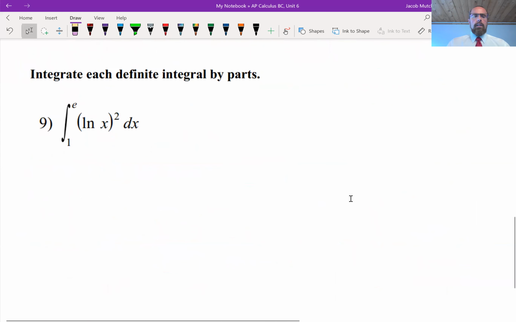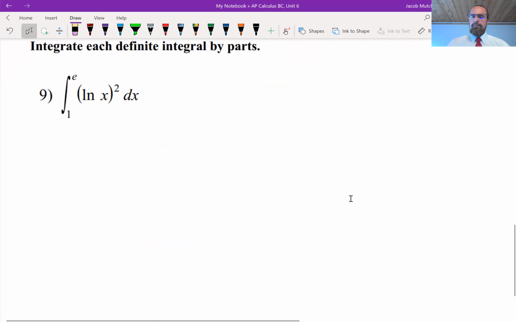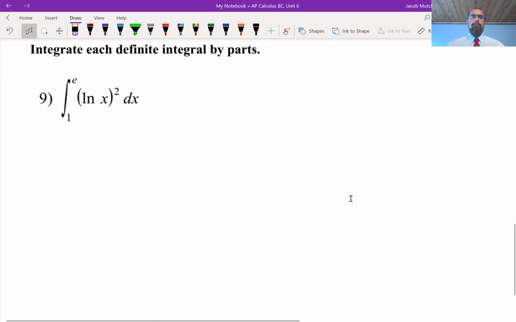Let's take a look at one last example that involves the natural logarithm function. So here I have a definite integral from 1 to the value of e of natural log of x squared dx. So just as with our previous 2 examples, what I want to do first is assign one part to be dv, one part to be u.